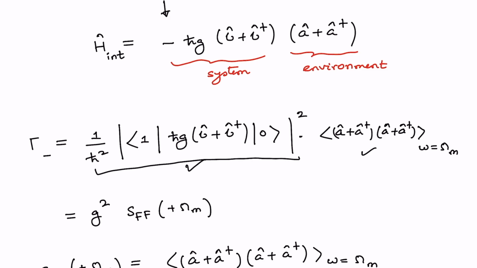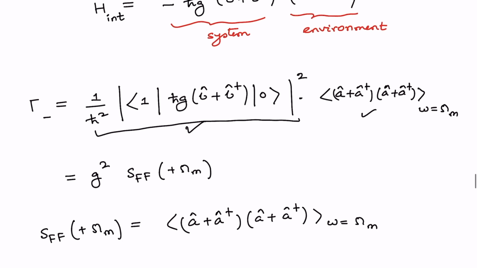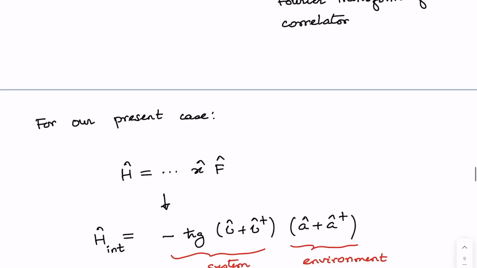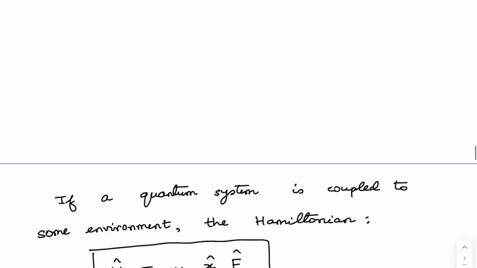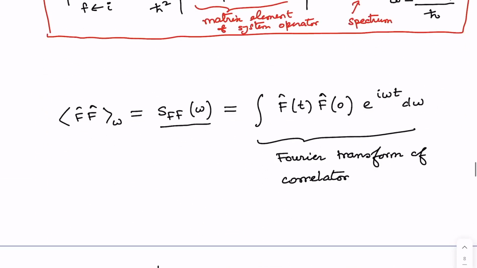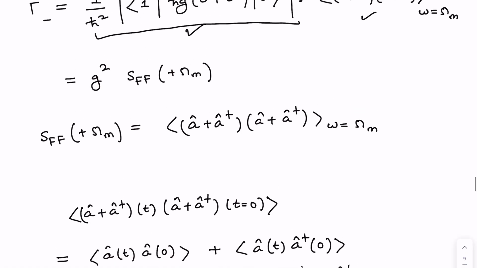As you can see, this is simply going to give you z squared, where z is the linearized optomechanical constant. And S_FF is the spectrum calculated at the frequency plus omega m, because the energy difference between the mechanical oscillator energy levels, the one phonon state and the ground state, is omega m. The frequency difference is omega m, as we know. So using this, we have to calculate S_FF at plus omega m.